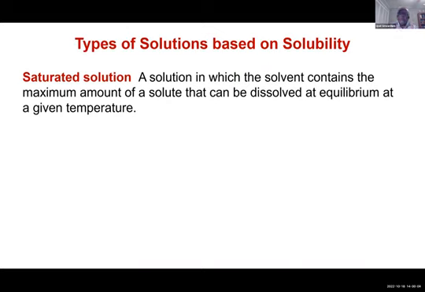We talked about solubility depending on temperature. So at a given temperature, there's a limit for each solute that can be put in, especially a solid solute like sodium chloride or sugar. After you put in the maximum amount, the rest precipitates out. That's called a saturated solution at a given temperature.